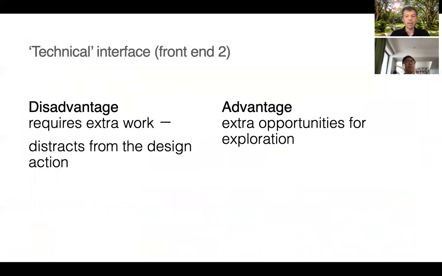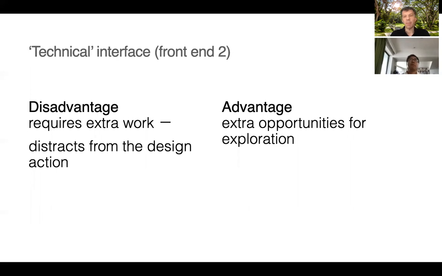So considering the technical interface, there are advantages and disadvantages. Most obvious maybe is a disadvantage: requiring extra work. It could distract from the design action. The advantage, of course, is if you're already using Grasshopper, it offers many extra opportunities for exploration.